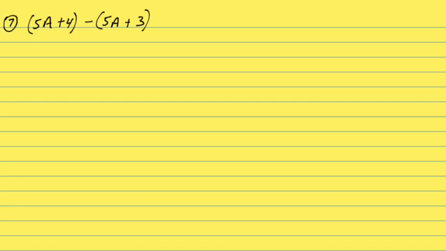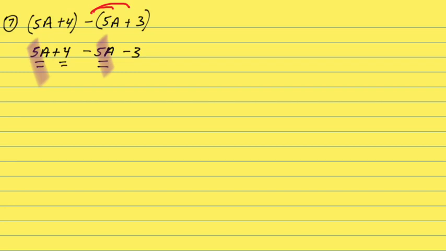Now if it's subtraction, you can change the signs and add, or I like to say distribute this negative. If I was to distribute this negative, I would have 5a plus 4. That would make that a negative 5a and a negative 3. 5a and negative 5a again are going to add to 0.